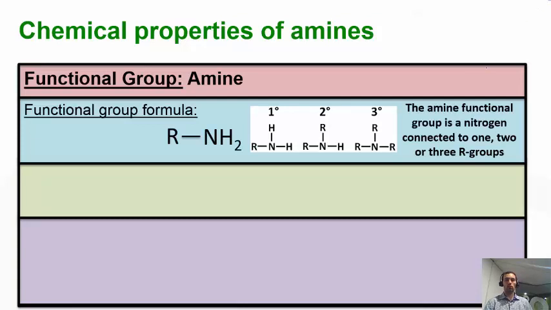The amine functional group is essentially a nitrogen atom that is connected to 1, 2, or 3 R groups. This is quite different to what we've seen with all the other functional groups we've looked at because the number of R groups attached is actually variable.